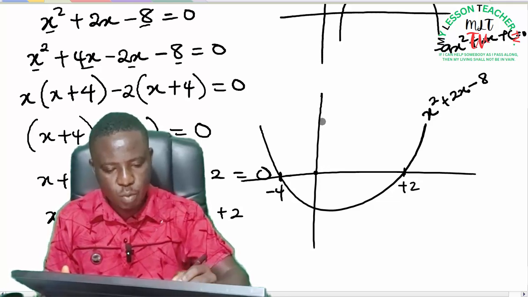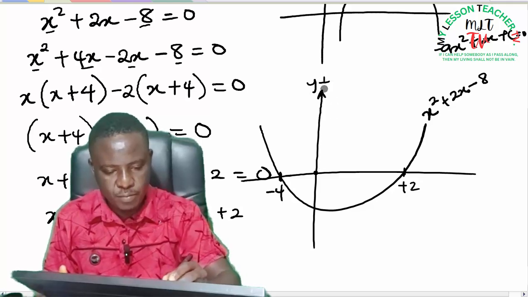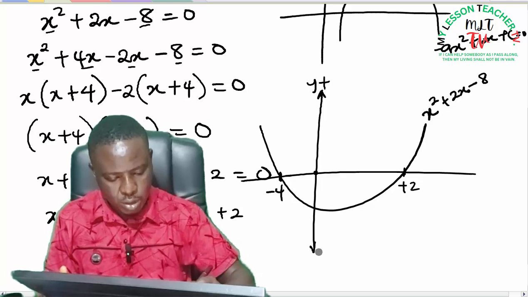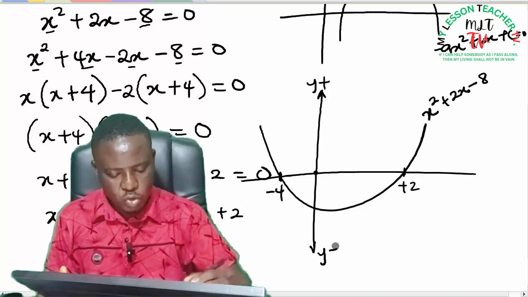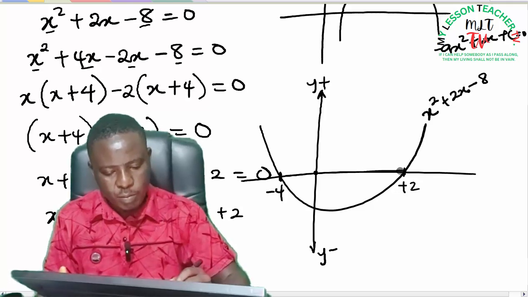So from this point to this point along the y-axis, y is said to be positive, while from the middle point to minus infinity, you have y to be negative. So y is said to be less than or equal to 0 from this region downwards.